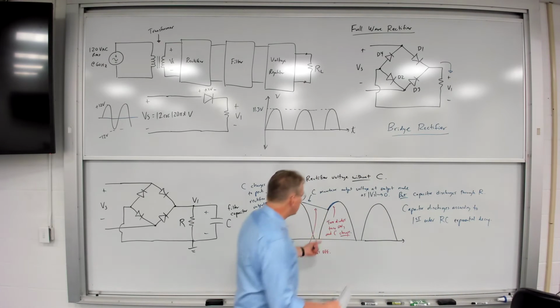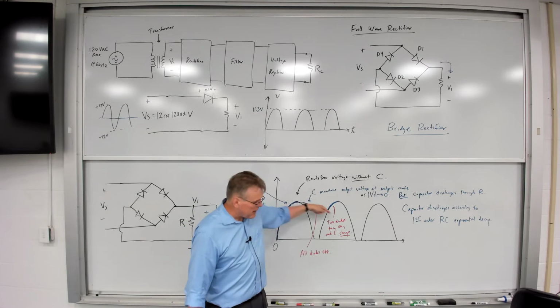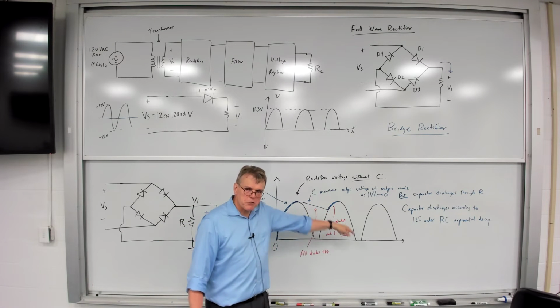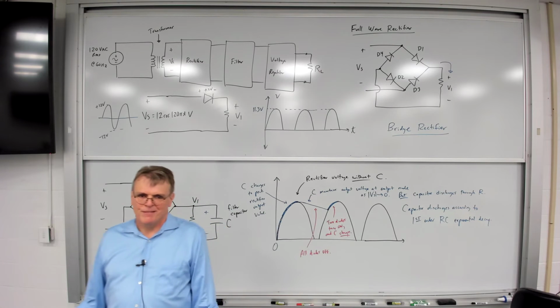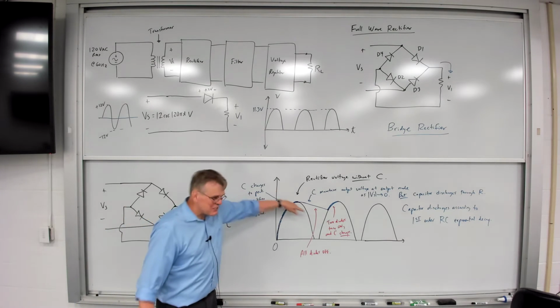In fact, if I did not have this next charge pulse coming along, how long would it take for the voltage across that capacitor to discharge? 5 times RC, right? 5 time constants. So we've got that same exponential decay.